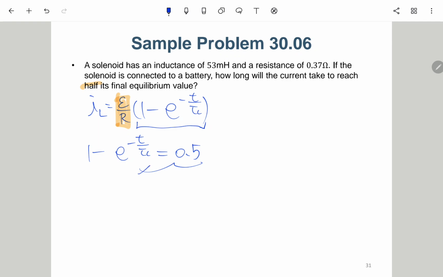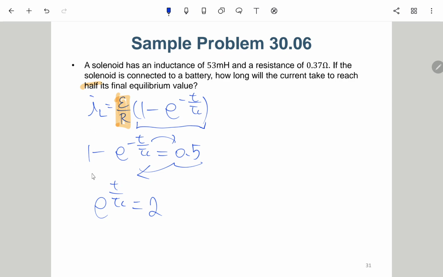Okay, so we can move it to the left side, move this to the right side, and then take the log on both sides. Or maybe we can take the reciprocal on both sides first. So we will have exponential of t over tau L equals 2. Move it to the left side, which is 1 minus 0.5, which is 0.5.